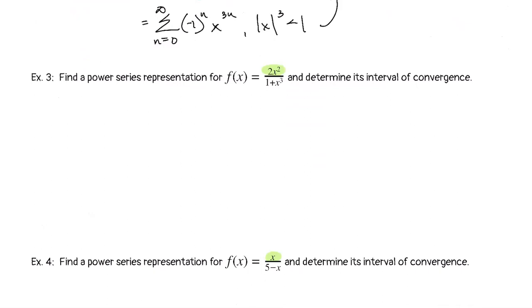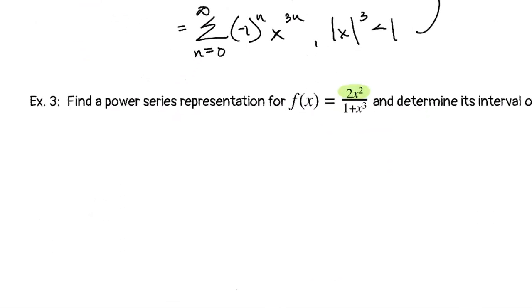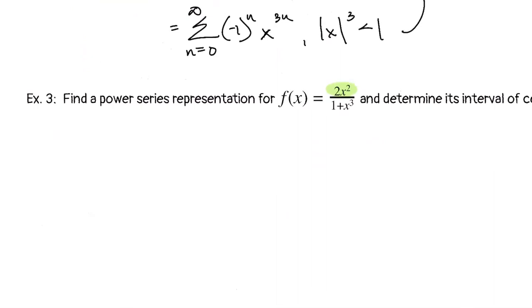And so let's start with this example right here, okay? I'm going to say that we take our f of x, and instead of writing it the way that it's in the problem as one single fraction, we're actually going to split this into 2 pieces.